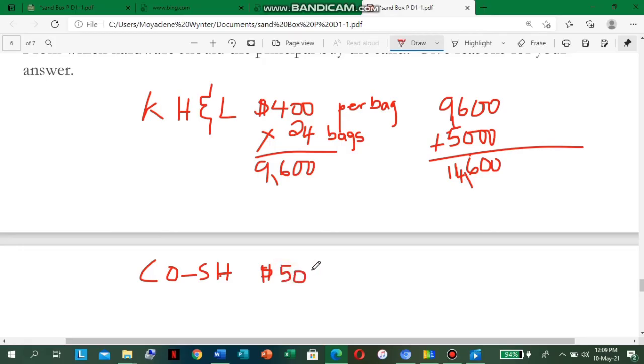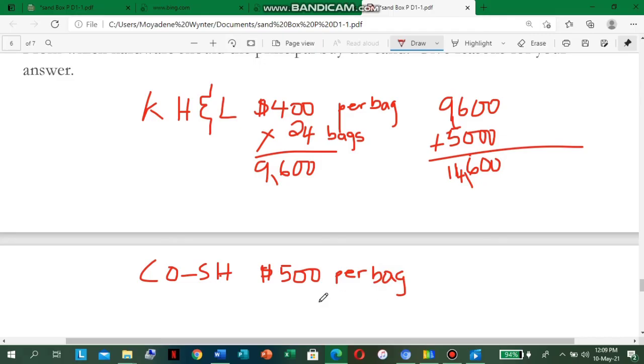So $500 per bag. We have to buy this because we want 24 bags and it's less than 30 bags. All right, good.